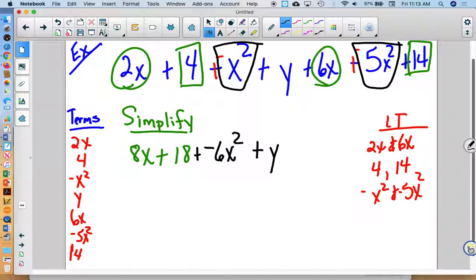Okay, so your final answer, and I'm going to tell you, this would work for now. You're going to find though that the final answer, when you're dealing with algebra, the order is alphabetical, and it is also by exponent.